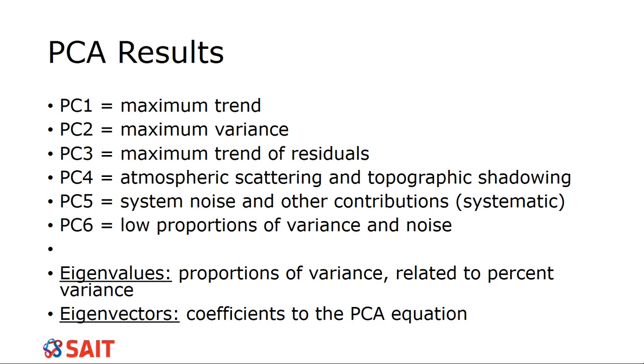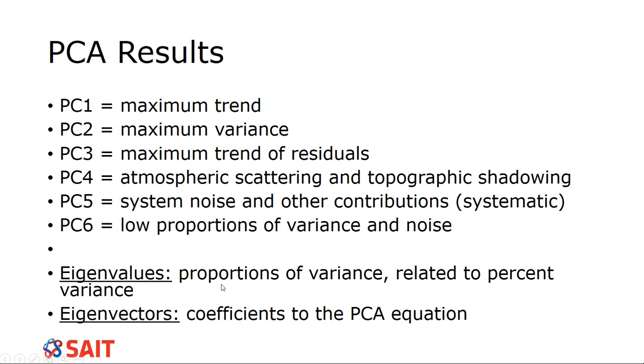So again, if we talk about eigenvalues and eigenvectors and where they come into play, you need to give me the eigenvalues and eigenvectors. The PCA is all based entirely around these values. So if I want to repeat them, I need to have them. To do this, we look at proportions of variance, and it's all related to the percent variance.